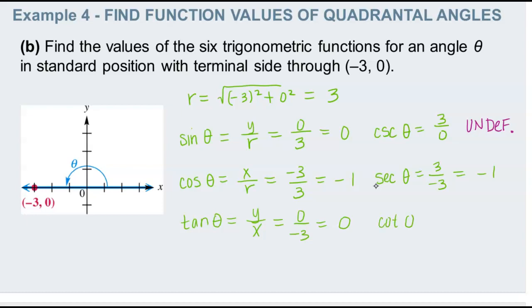And the cotangent is negative 3 over 0. That's also no good, also undefined. So in both of these two examples, when we're either on the x-axis or the y-axis, 2 of the trig functions will be undefined.